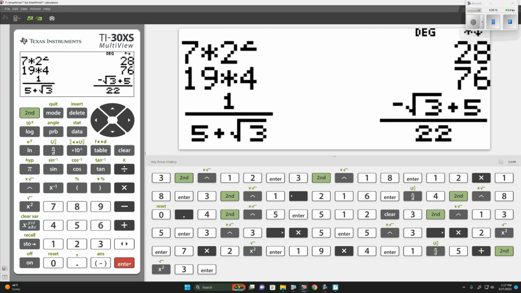Now they do have it flipped. They put the radical first, but 5 minus the square root of 3 and negative square root of 3 plus 5 are the same thing. And we get this here. Questions on this here?